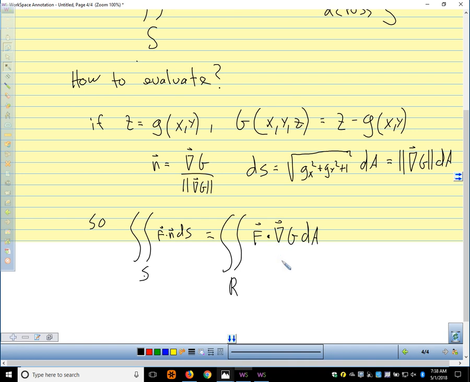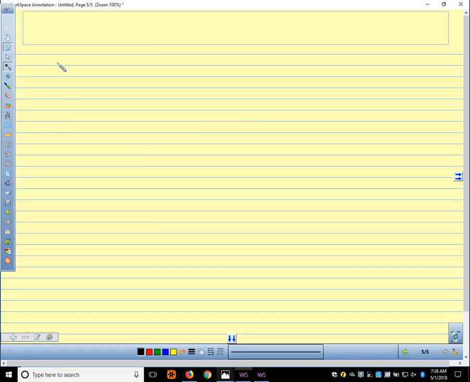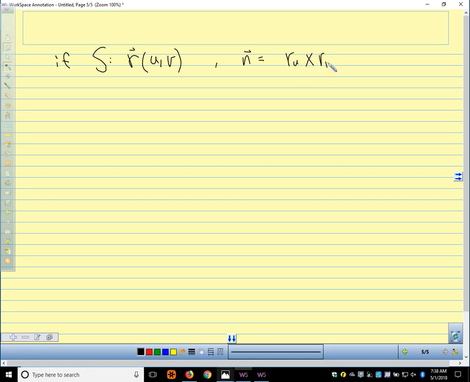All right. If our surface is given by r of u and v, then our unit normal vector is r sub u cross r sub v over the magnitude of that quantity.